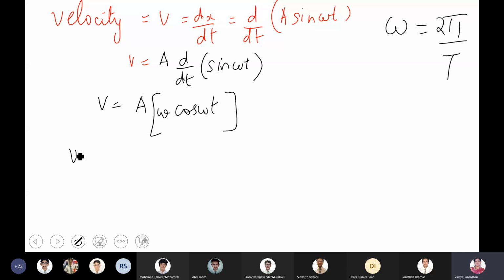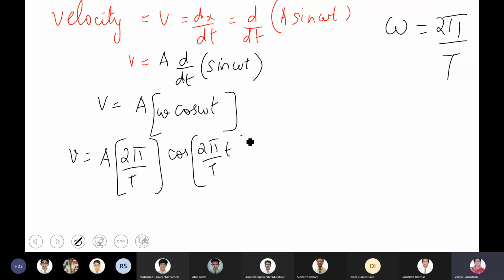So now V is equal to A into 2 pi by T into cos of 2 pi by T into t. What is the value of A? 5. 2 pi by T, what is the value of T? 2.